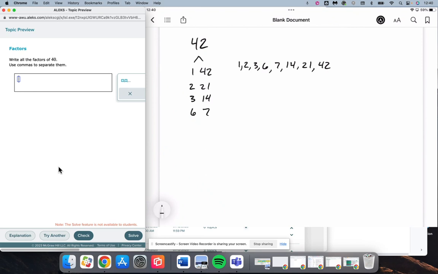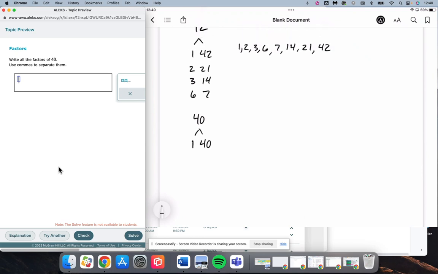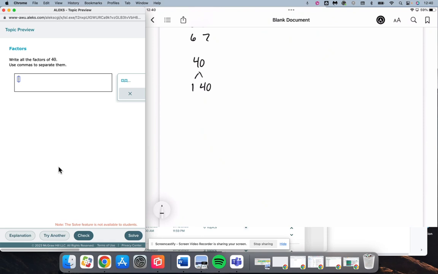Next, we've got 40. So 40 has factors 1 and 40. 1 times 40 makes 40. We've also got 2 and 20. 3 does not work. 4 times 10. 5 works. 5 times 8. 6 does not work. 7 does not work.